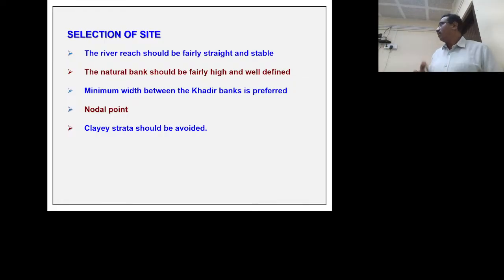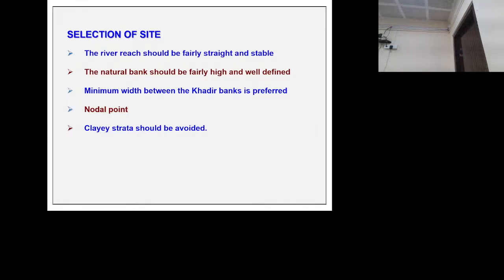Nodal point means if you go to the satellite imageries of this particular location on the NRSC site, the water should be available at this point. Suppose you are taking the intake structure. What is the purpose of an intake structure? Here NTPC is there. They want water from this Ganga river for their cooling purpose or something.